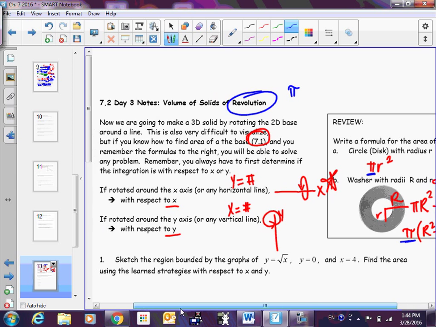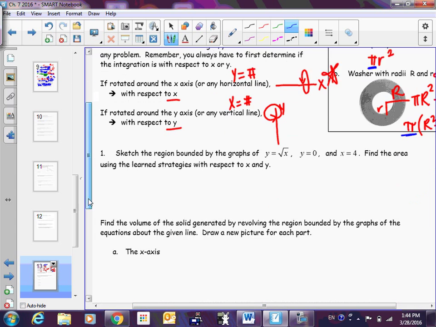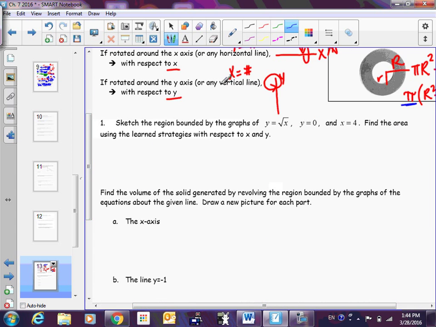All right, let's start with something we're familiar with, which is y equals square root of x. Let's go ahead and graph this. 0, 0, 1, 1, and then the next point we could graph would be 4, 2.